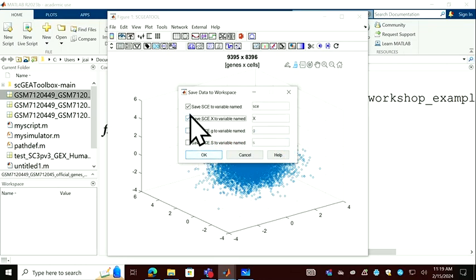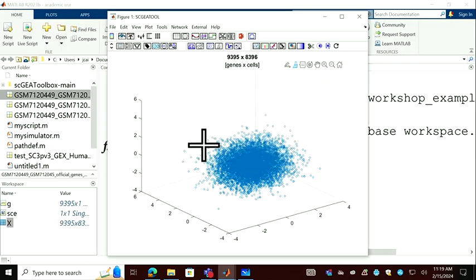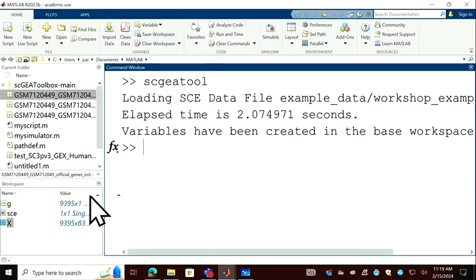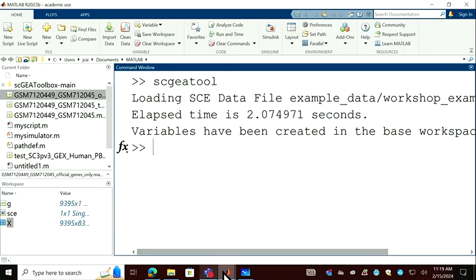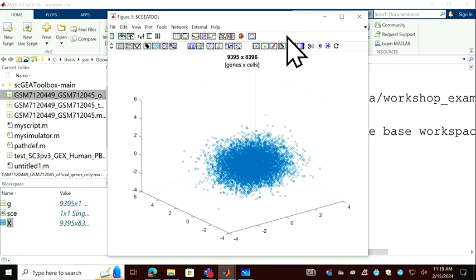If you're using the old version, you still have this function here. So what we need is big X, so you tick this. If you want to have the gene names, you can still tick the second one. So the top three, okay? Then after that, you can shut down this.